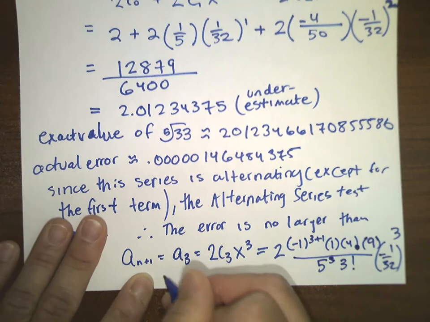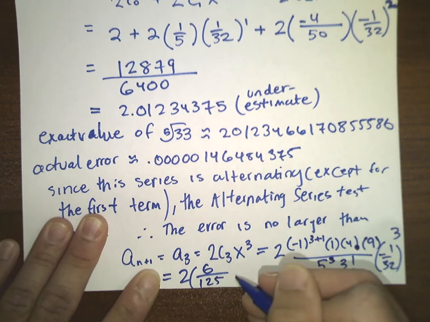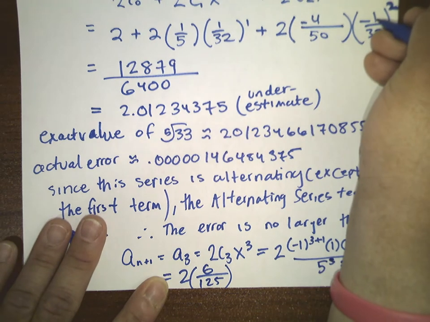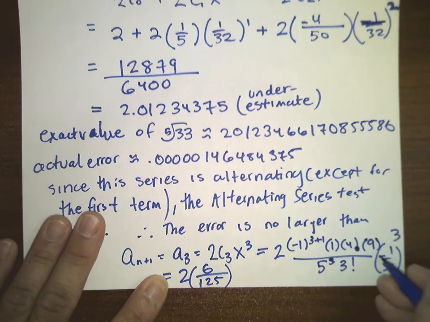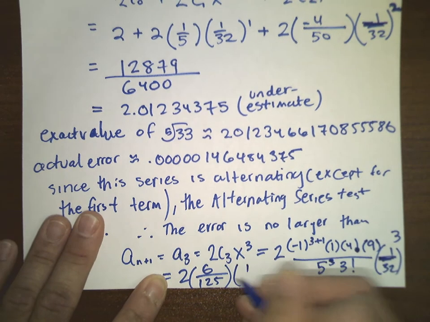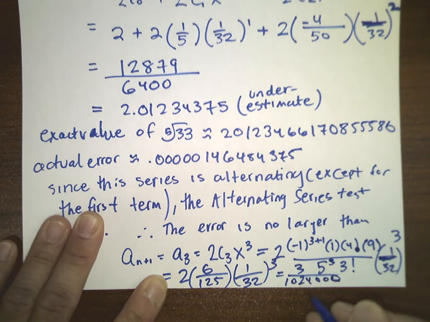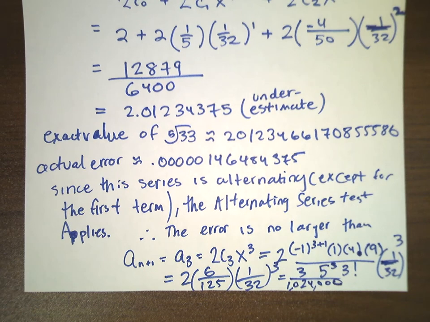So that will be 2 times 6 over 125 times 1 over 32 to the third power. So this will be 3 over 1024000. I really hope that you enjoyed that here. So that would be the most that the error would actually be. So the error with estimating this value using this particular series with only 3 terms is very, very low.